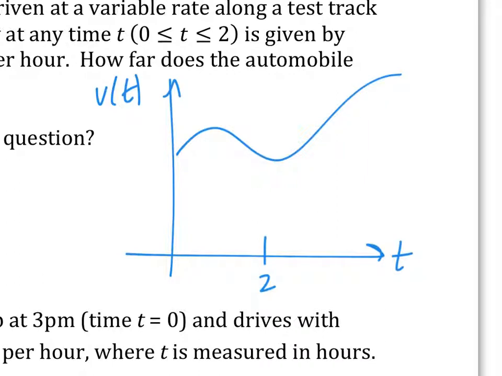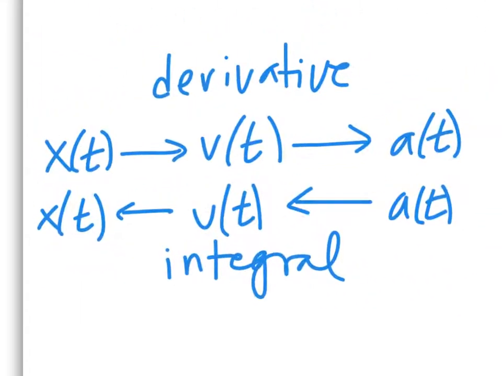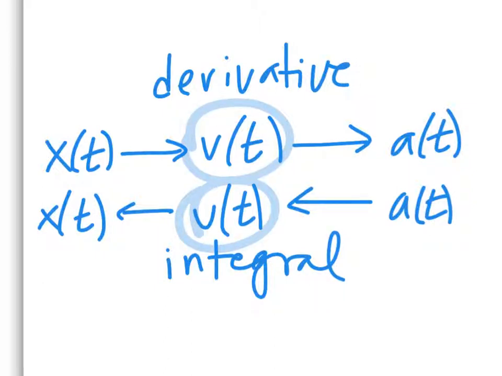So this question: we are given velocity. We want to find distance. Talk to your partner. Are we looking for integral or derivative? We are given velocity. We want to find distance. Which direction do we want to go?